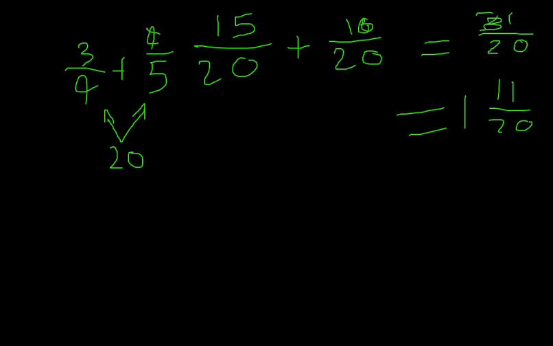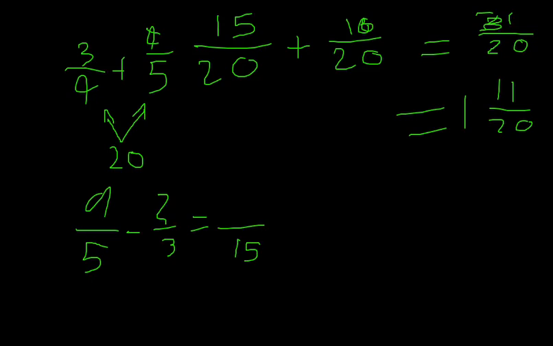Subtracting is really not much harder. Let's do 9 over 5 minus 2 over 3. That's equal to 15.